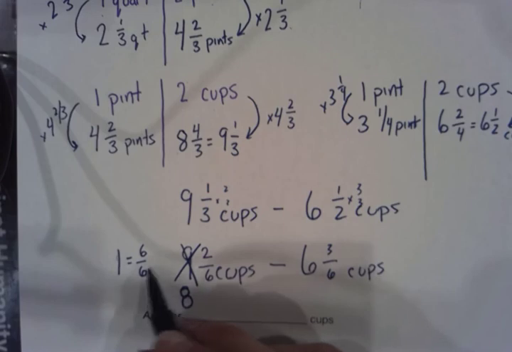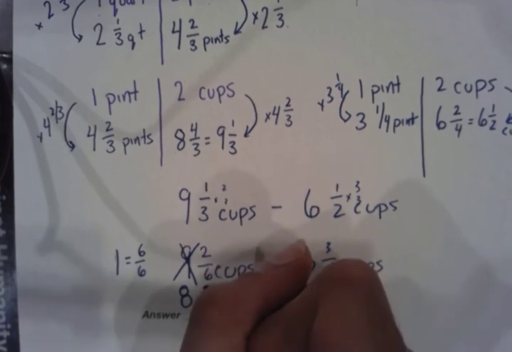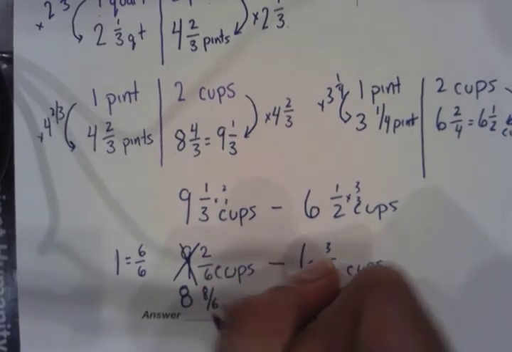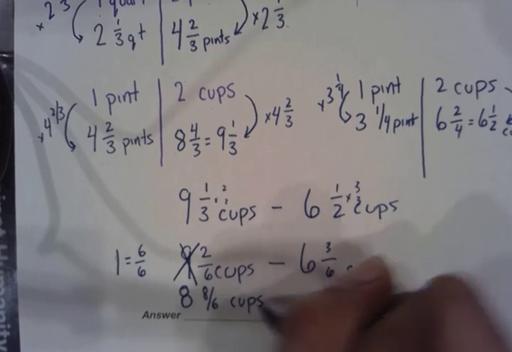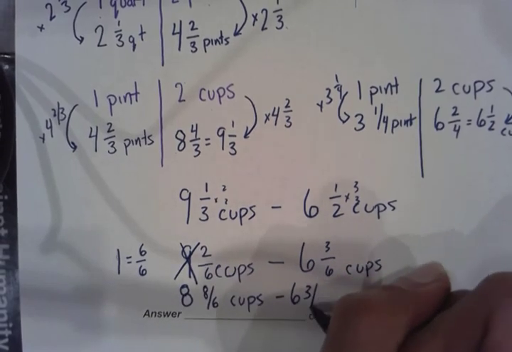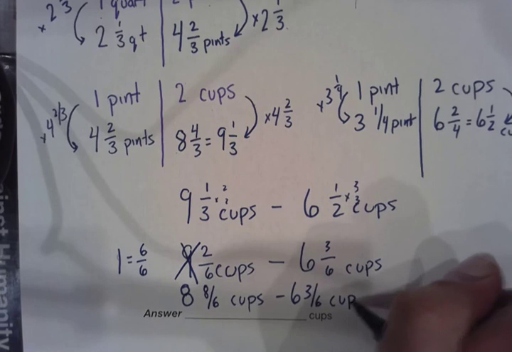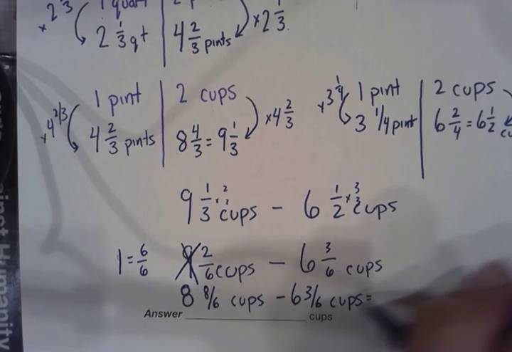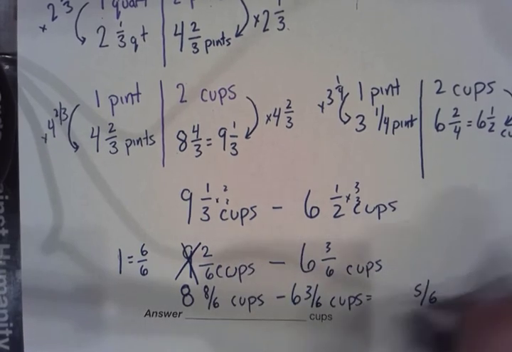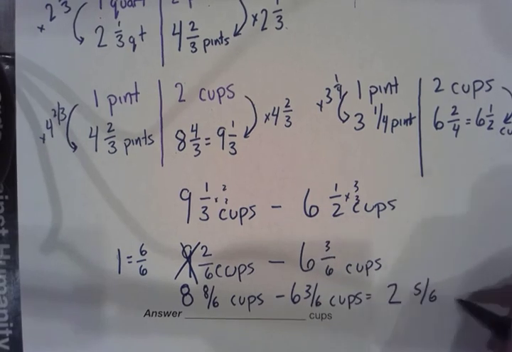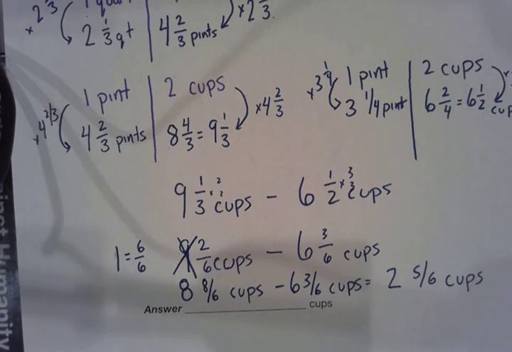So I'm going to add 6 over 6 to 2/6, which is going to be 8 over 6 cups, minus 6 and 3/6 cups. So 8/6 minus 3/6 is 5/6. And 8 minus 6 equals 2, making our answer 2 and 5/6 cups.